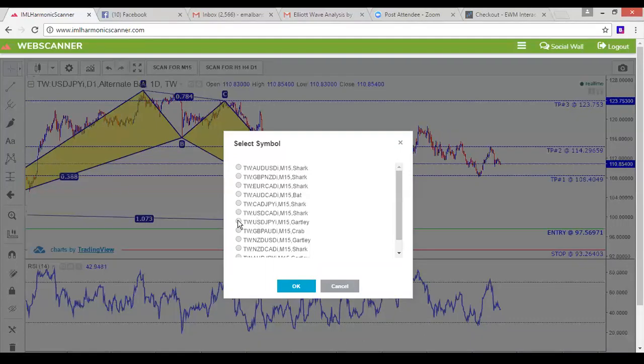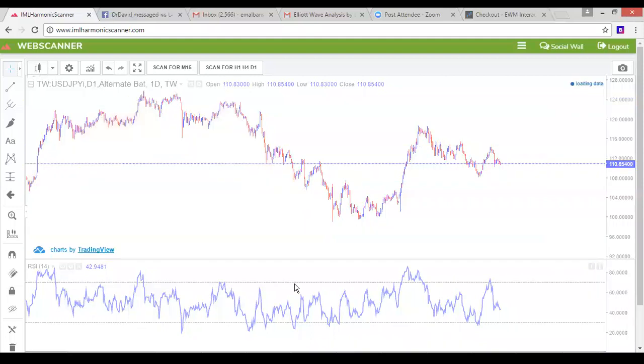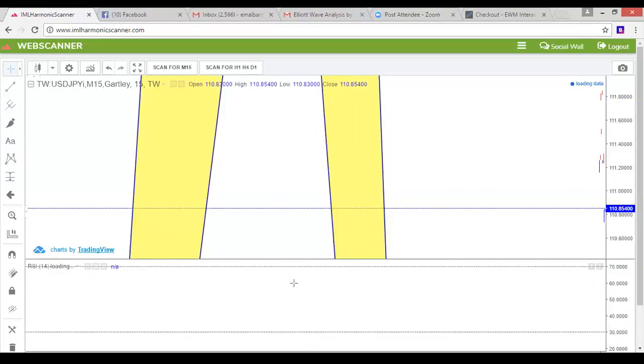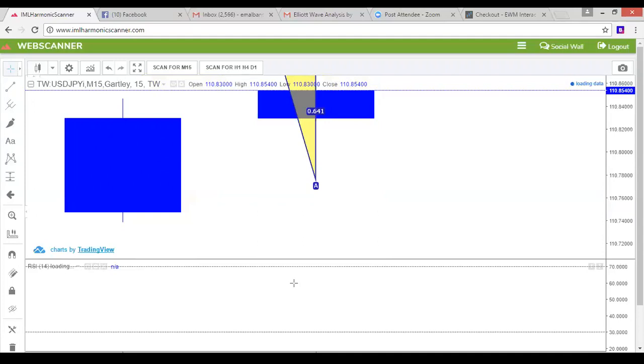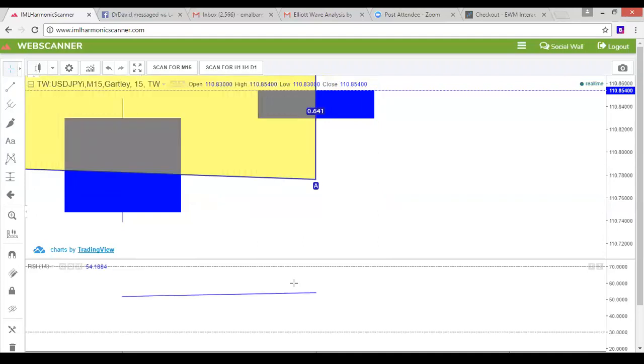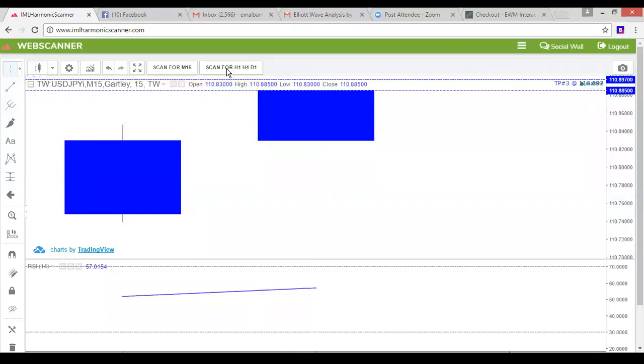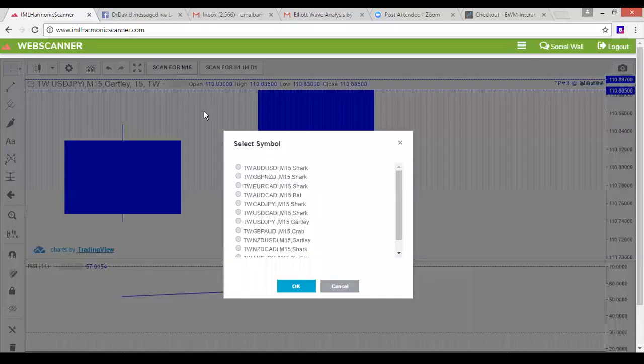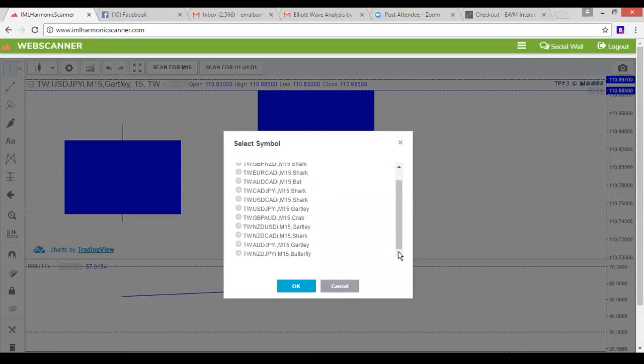Okay, let's check what we have here. Still loading. It's the internet I'm using.